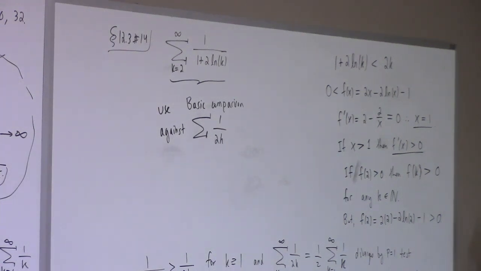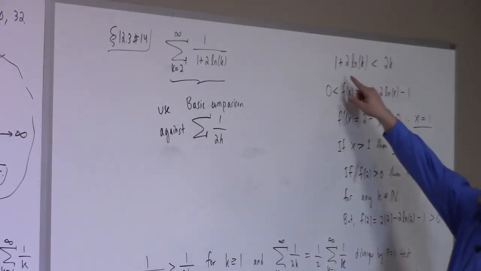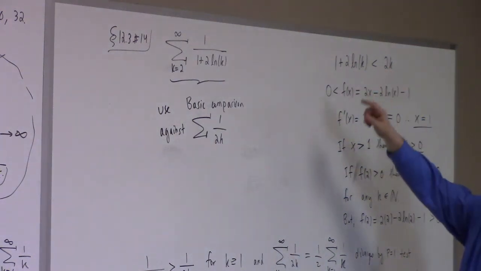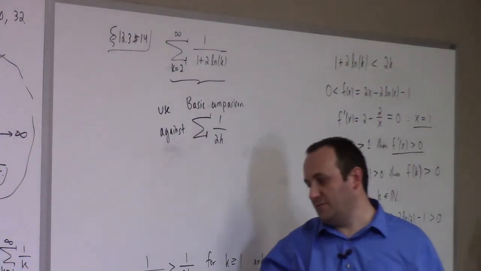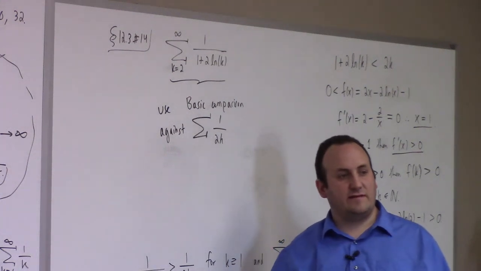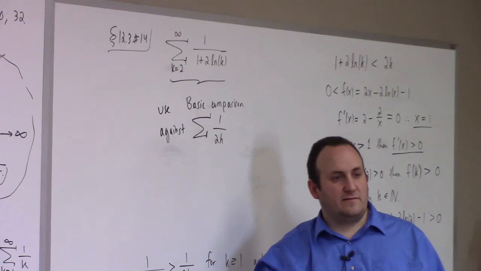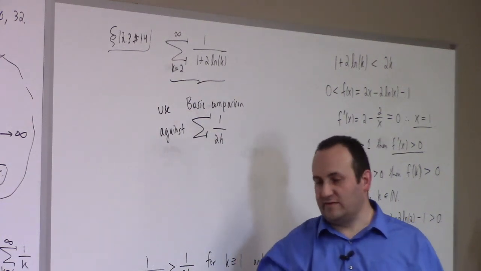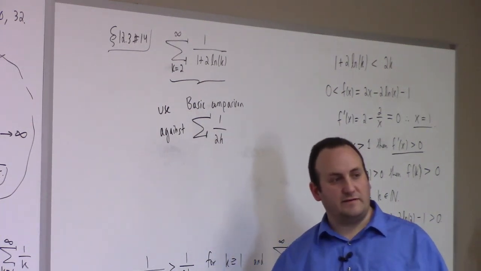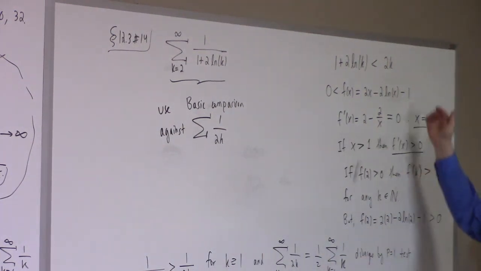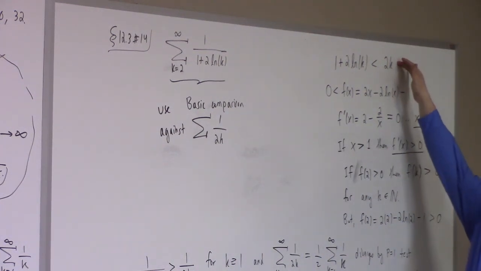Here's a way you could argue that using calculus. I want to show that 1 plus 2 ln of k is less than 2k, right? If I can show that, that gives me that this fraction is greater than that one. If this denominator is smaller than that denominator, that makes this fraction larger than that one. So I trade this for a statement about functions.